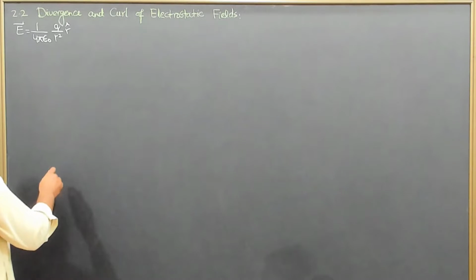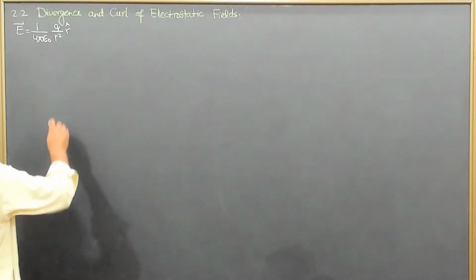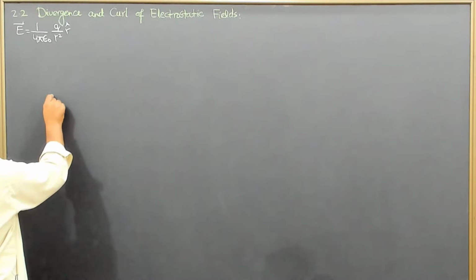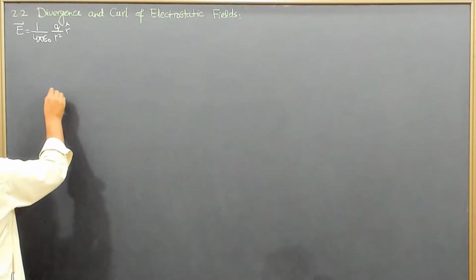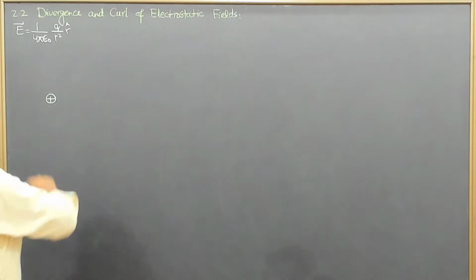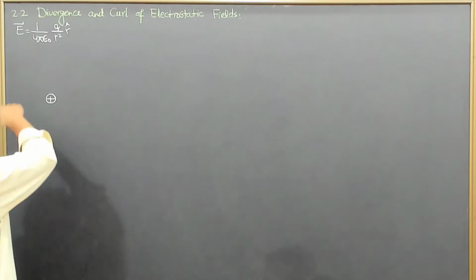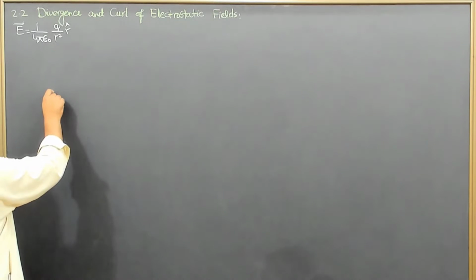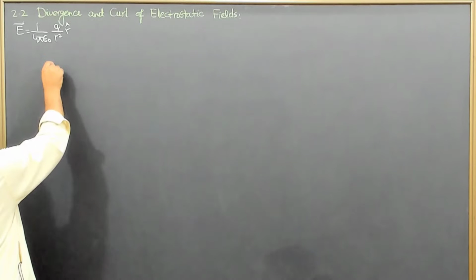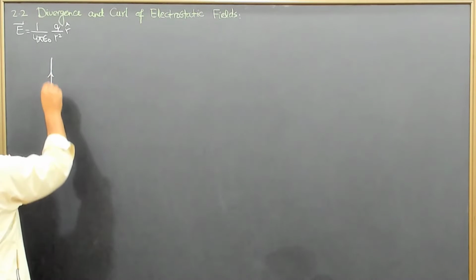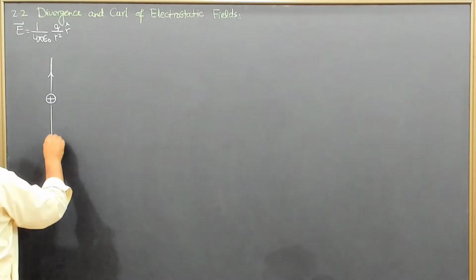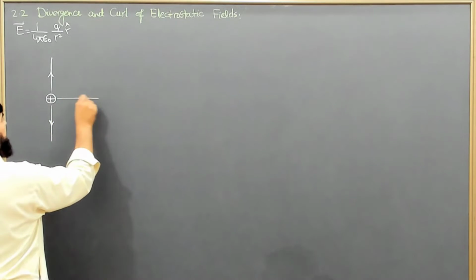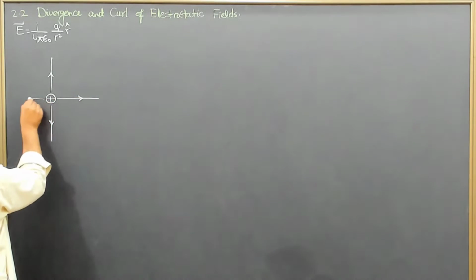For example, if I consider a positive charge, this charge has an electrostatic field around it, and we represent that field geometrically with some lines. These lines are not actually there, but are a geometrical representation of the field around it.